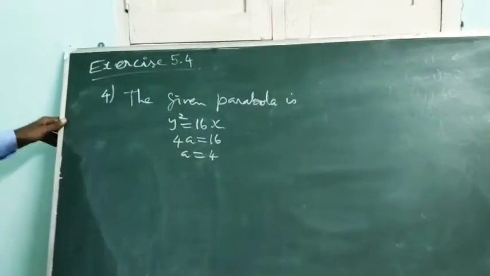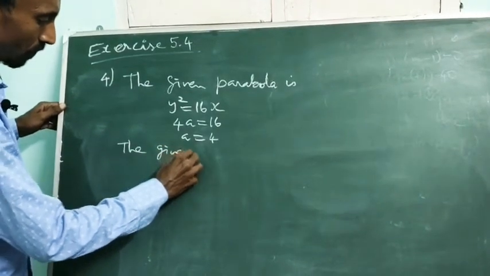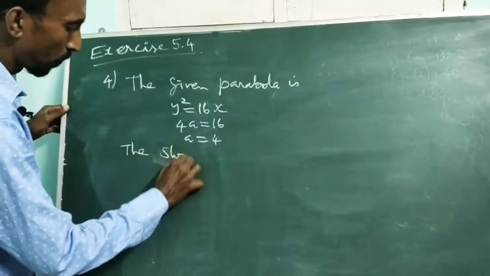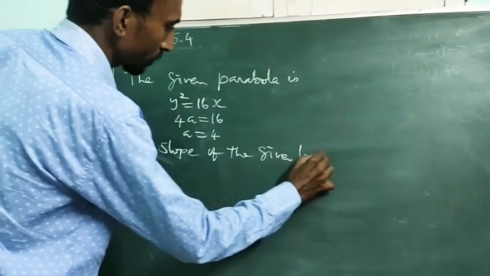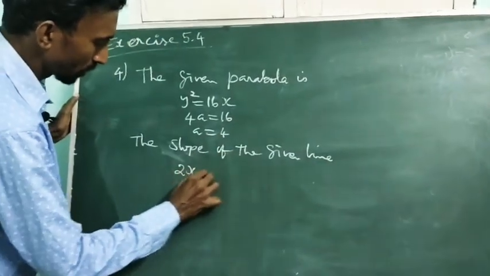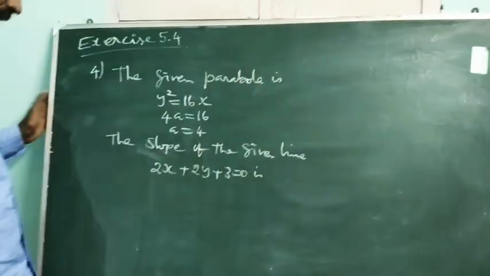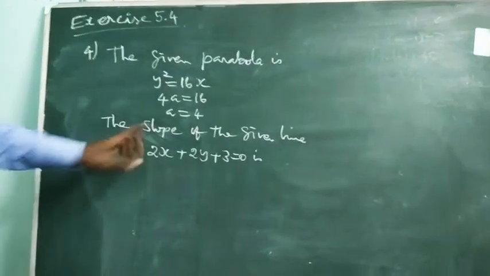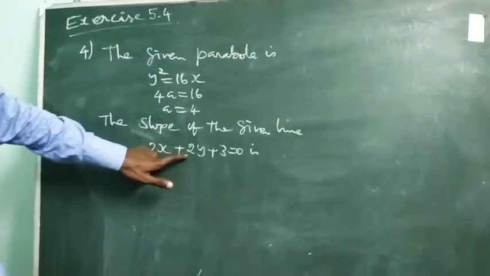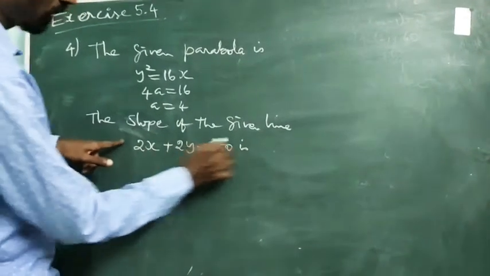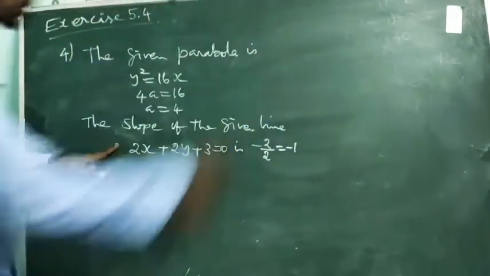Keep this one. And the slope of the given line 2x plus 2y plus 3 equal to 0 is, again get it using the formula minus coefficient of x by coefficient of y. So minus 2 by plus 2, it is minus 1.